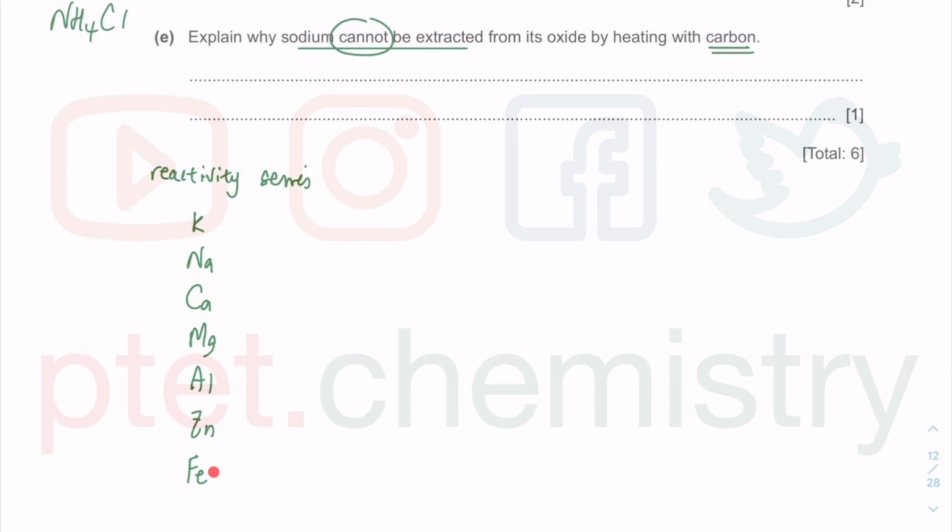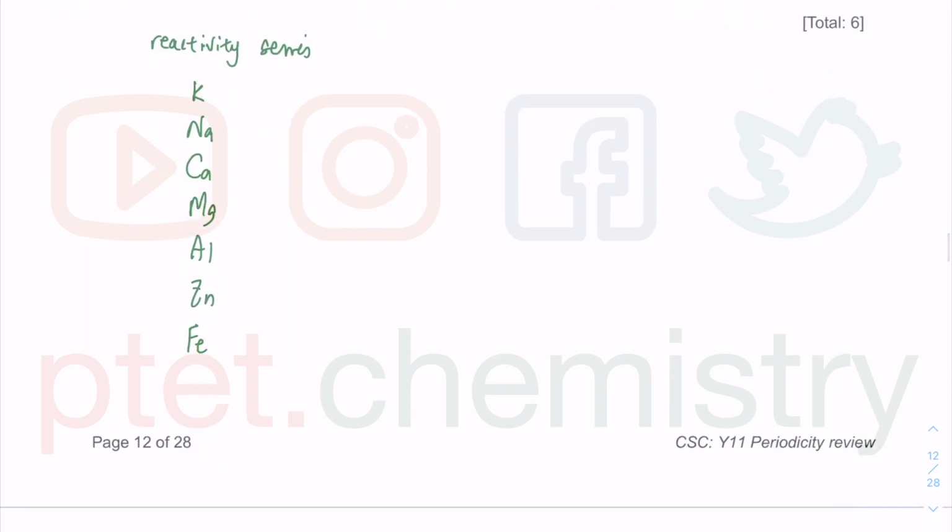Then lead, and then hydrogen, and then copper, silver, gold. So we know that carbon is roughly there. So iron could be extracted by carbon.